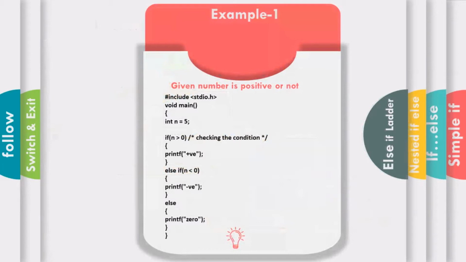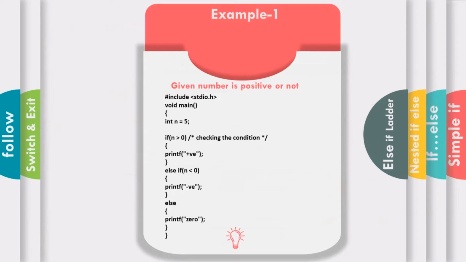Here is an example program to check whether a given number is positive or not using the else if ladder. Initially the program starts with #include stdio.h, the header file. Then the main function, using void main, is started. Within the main, we have declared n equal to 5 as an integer type. Then come the statements for the condition.